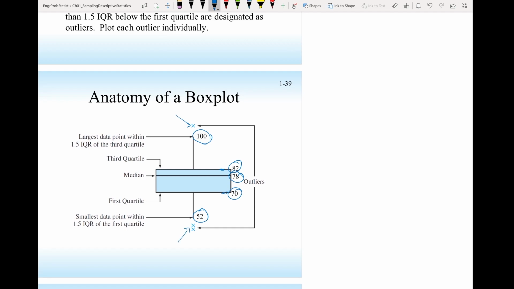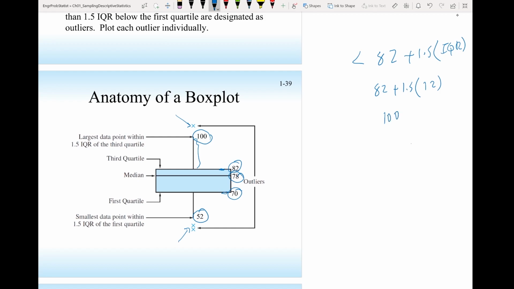Now, I just want to emphasize that the length of this whisker will depend on the data in your sample. For example, 100 is still less than 82 plus 1.5 times the IQR, which is 82 plus 17, so that is 100.